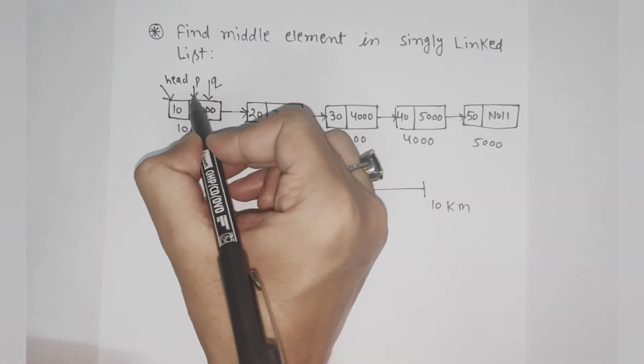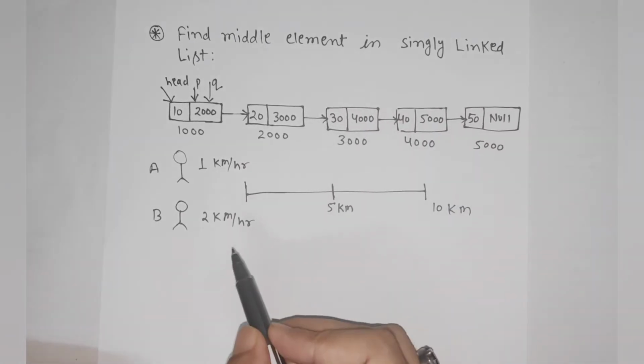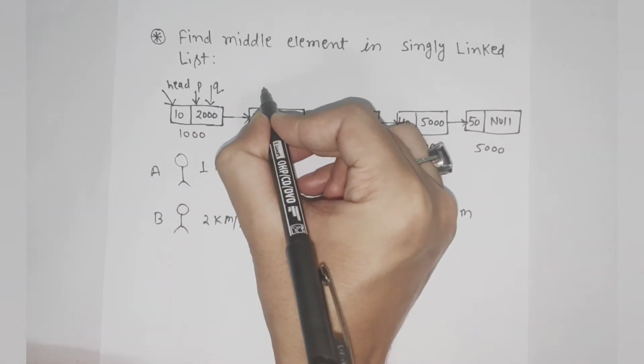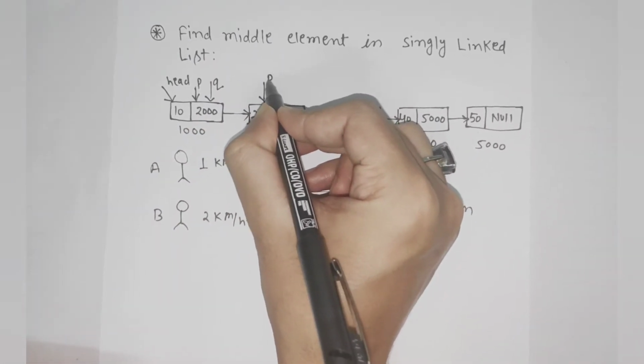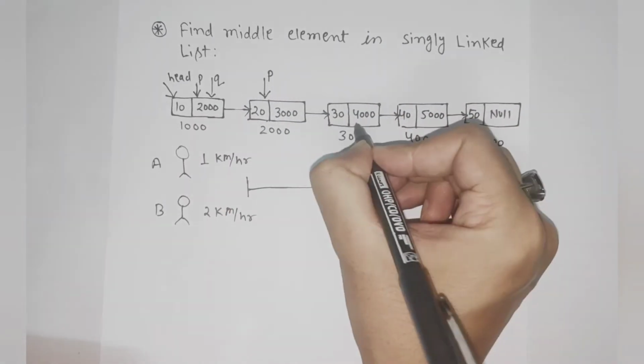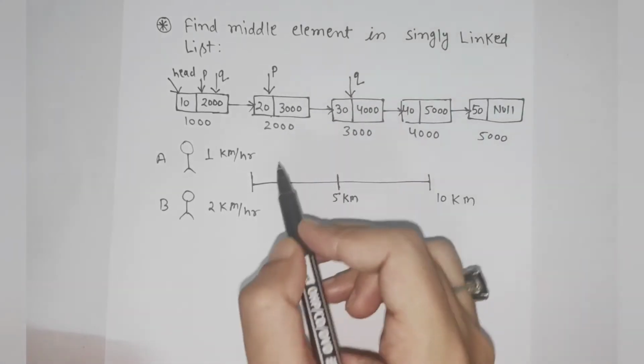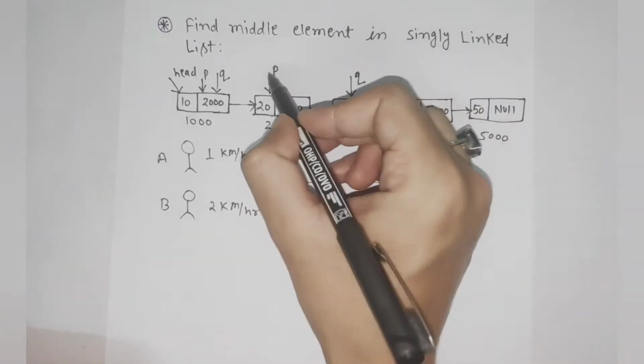So we will increment one pointer by one node and the second pointer by 2 nodes. So after 1 step, we will increment P to 1 and Q to 2 places. So 1 and 2. So Q will be here. Again we will increment P by 1.